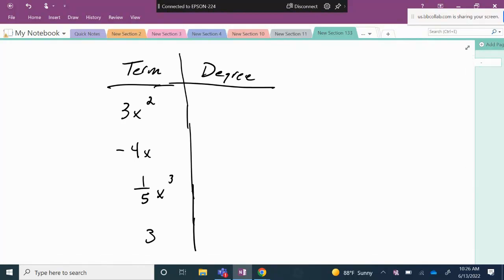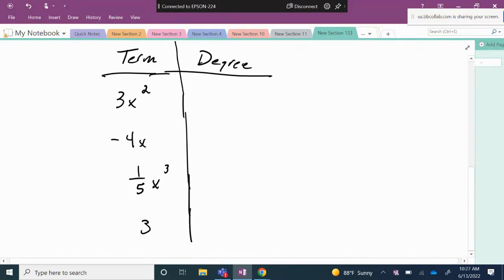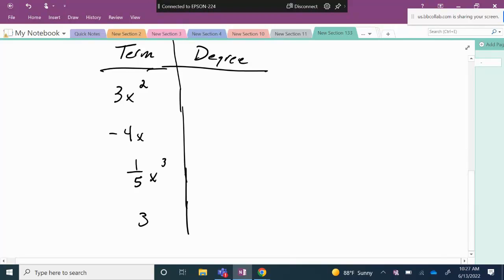Now, when we talk about the degree of the term, for example, if we look at 3x squared, I'm only looking at the exponent. So for 3x squared, 3 would actually be my coefficient. My variable is x, and x is raised to the second power, so this term has a degree of 2.